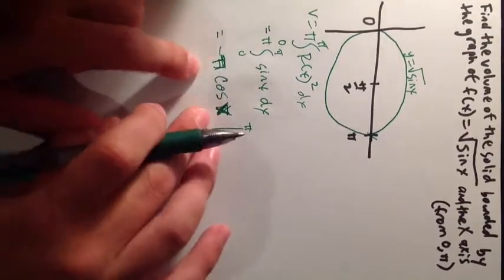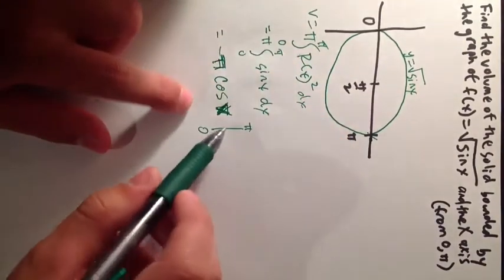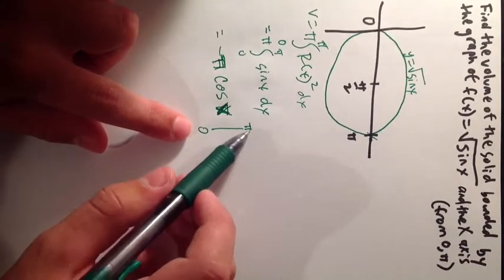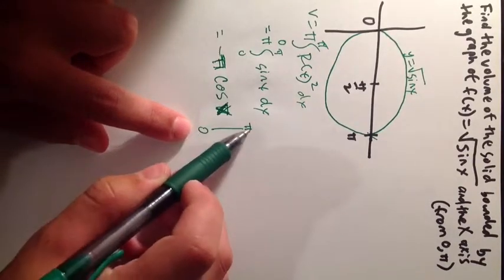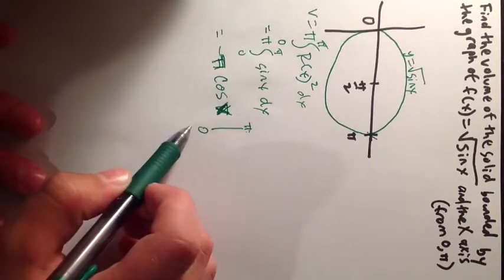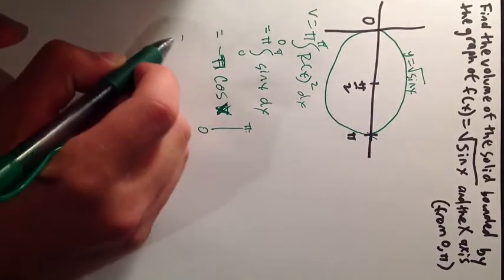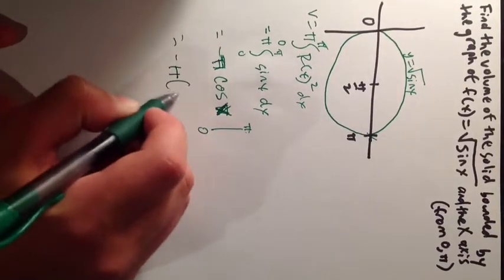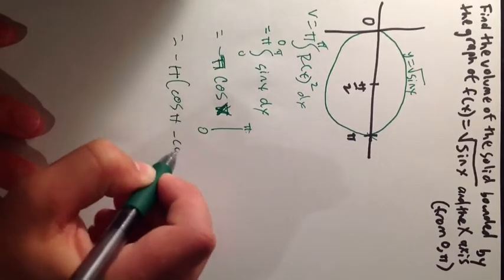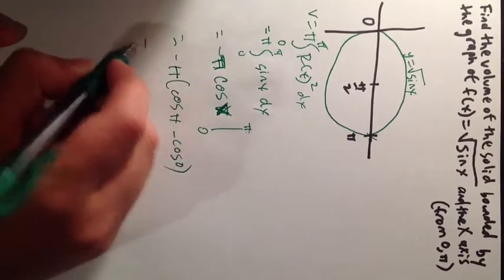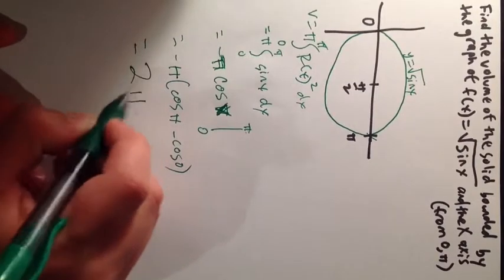So you got the negative cosine of x, pi from the front, and then you just have to finish off the integral by plugging pi and 0 into it. Alright, and this simplifies down to negative pi times cosine of pi minus cosine of 0, or when you do the math, it goes down to 2 pi, which is your answer.